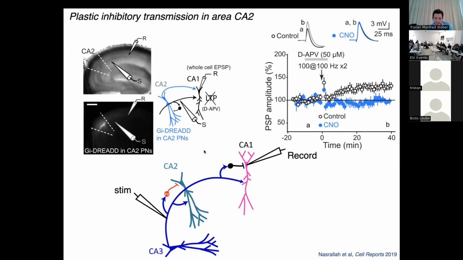So this recruitment of CA2 can have some large consequences in other parts of the hippocampus. And if we take this a bit further, here we have this inhibitory network in CA2 that has consequences on CA1, presumably also, from what Tom showed, on CA3 as well.